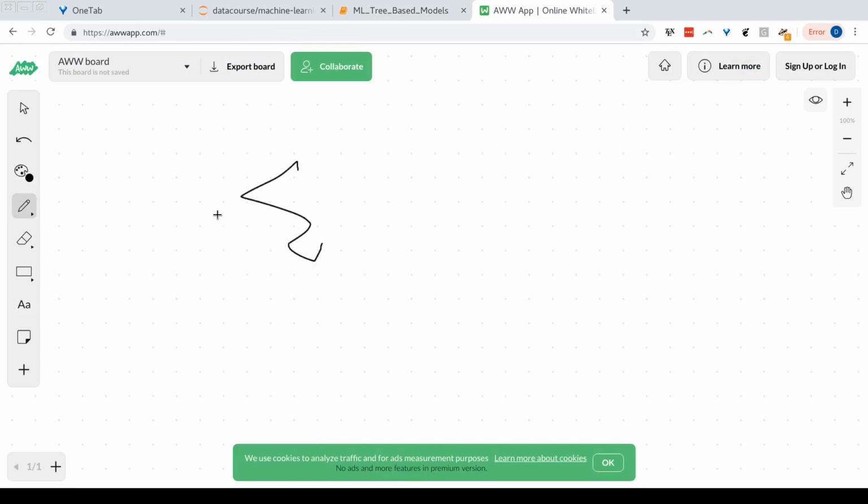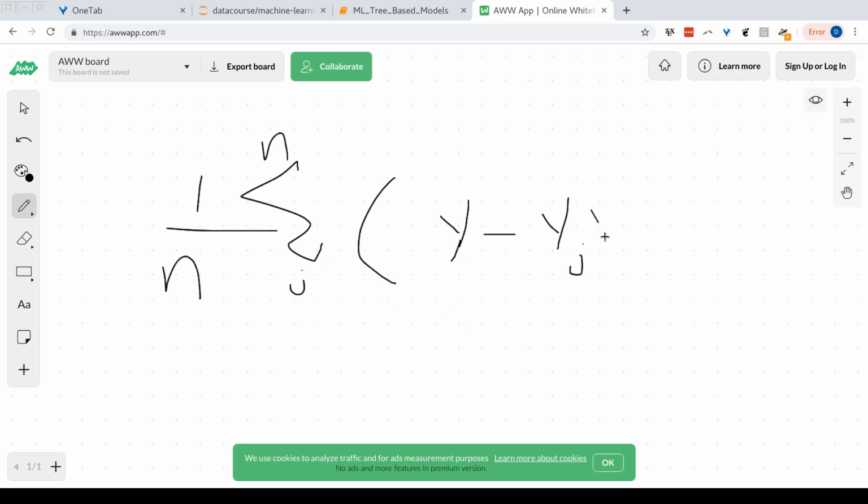We have the summation, 1 over all the training examples, of y, that's a true value there. Let's sum up for all observations. So this is our predictive value squared.